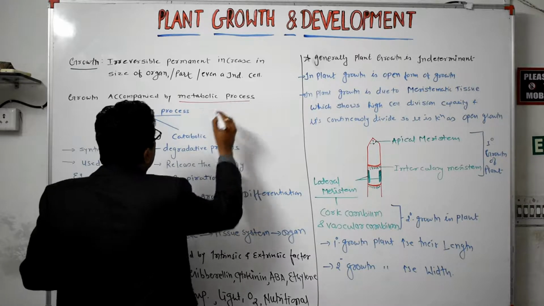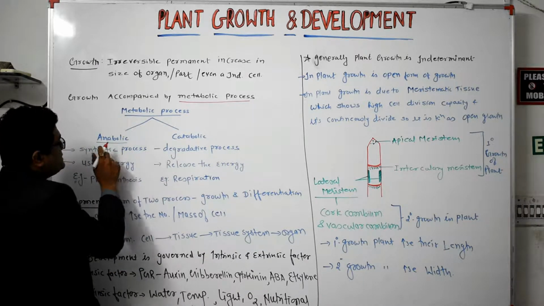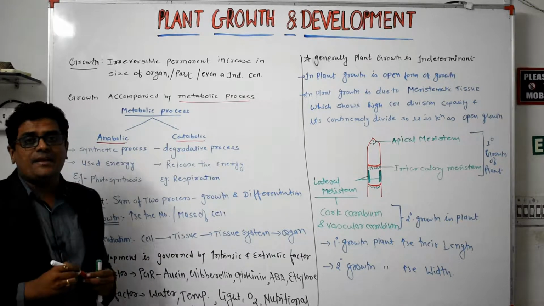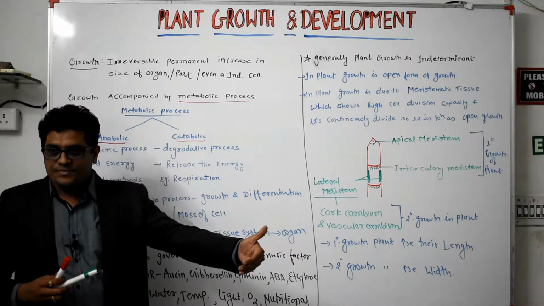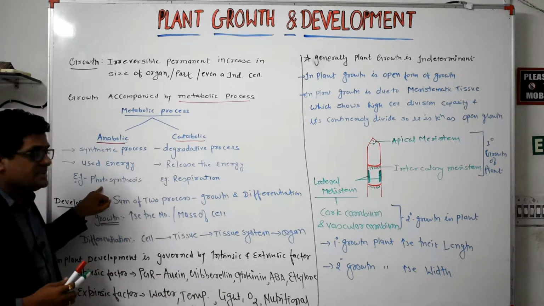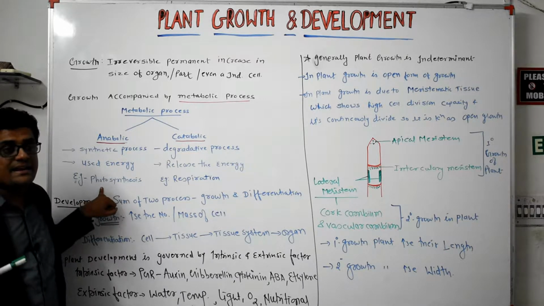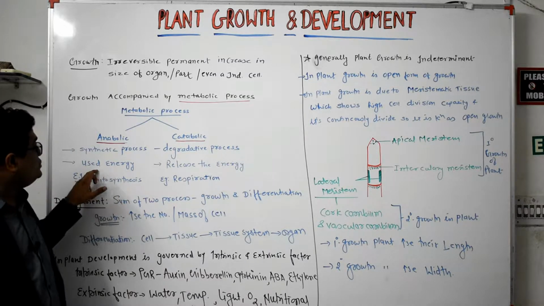We know that metabolic processes are divided into two types. One is anabolic and second one is the catabolic process. So what are anabolic and catabolic processes? Anabolic means synthesis process. For example, photosynthesis: in photosynthesis, the plant synthesizes food, and during this process energy is used.